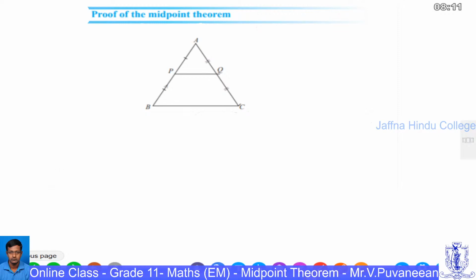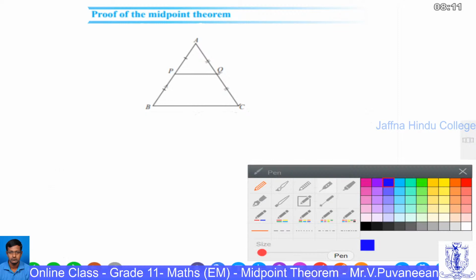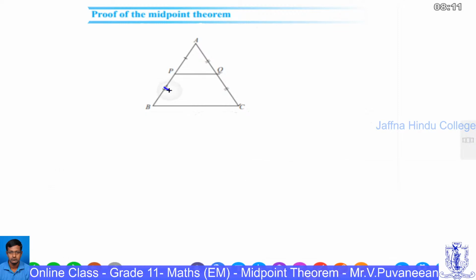There is a triangle ABC and midpoints: the midpoint of AB is P, the midpoint of AC is Q, and the line PQ is joined.